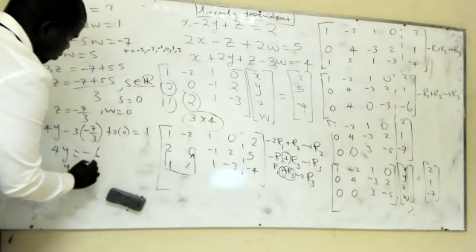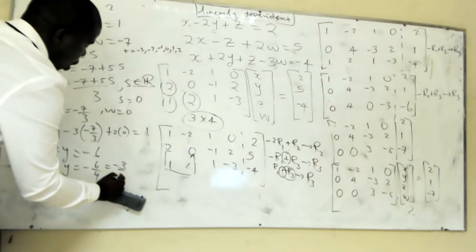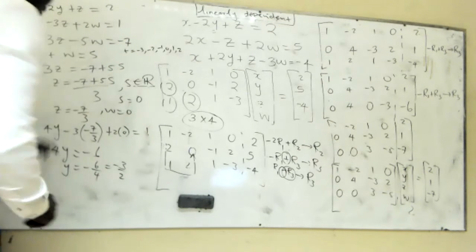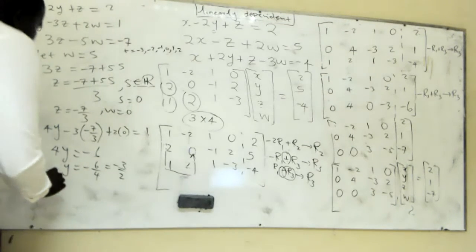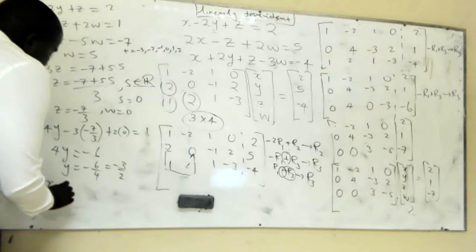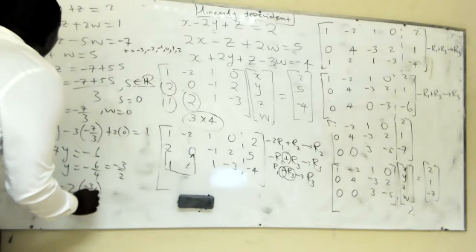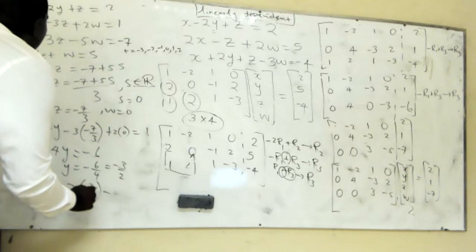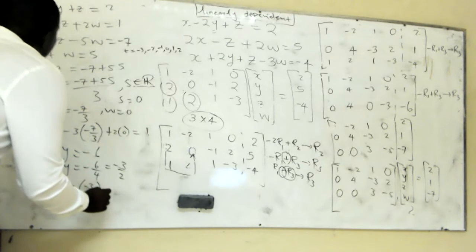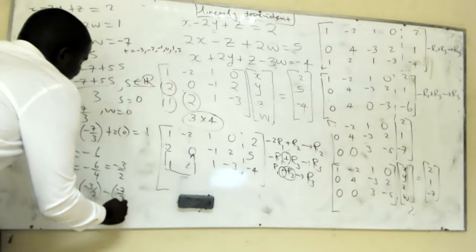Therefore, y will be equal to -6/4, which is the same as -3/2. So after obtaining the y, you can then obtain the x, which is going to be given by x equal to, you take other things to the side. So it's going to be 2 into -3/2 minus z, of which we find to be -7/3.